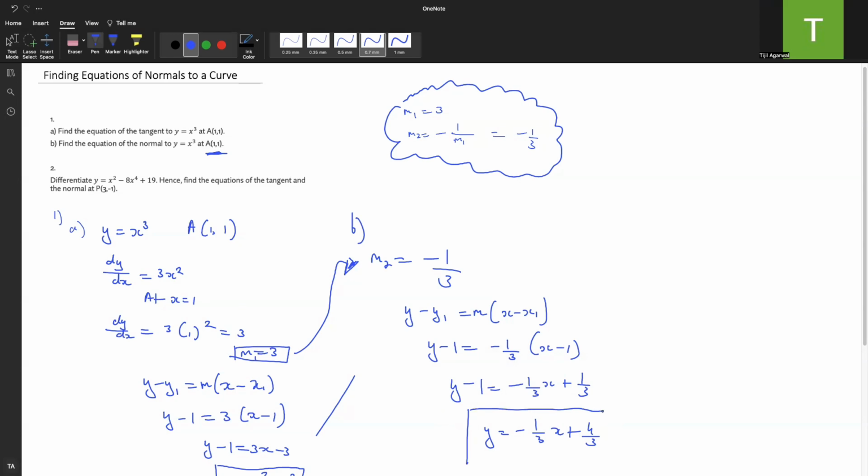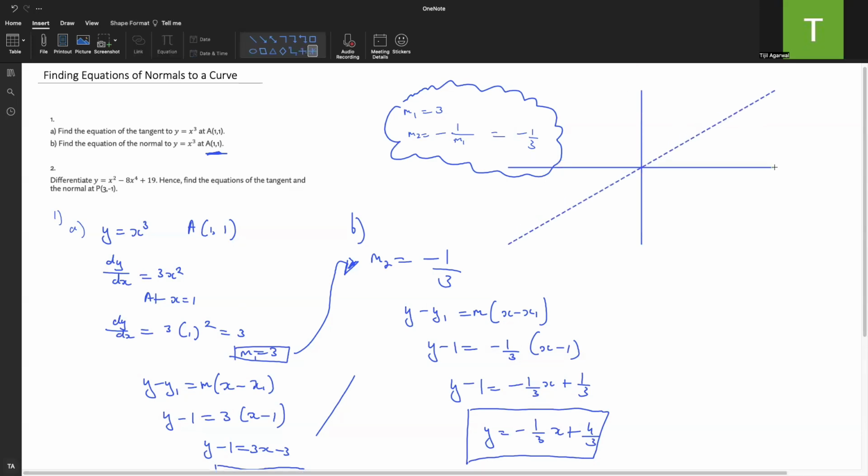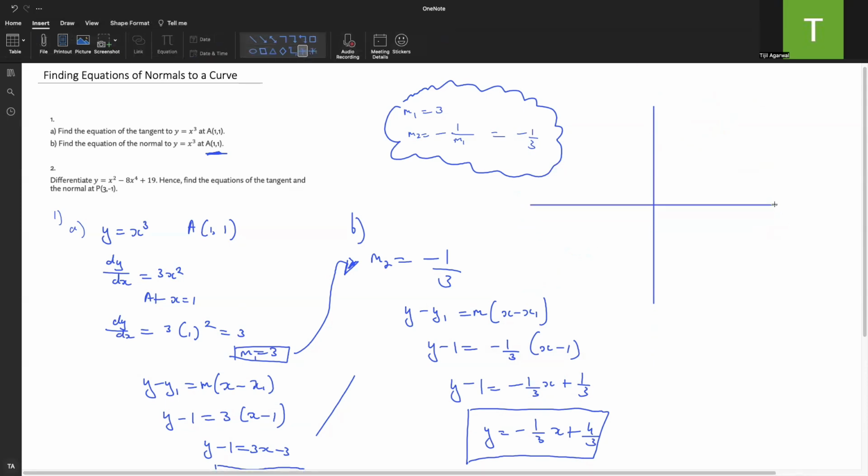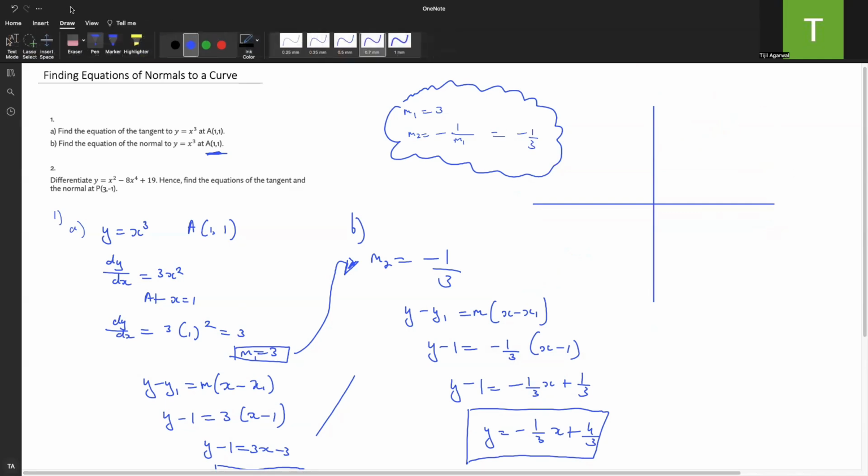Again, let's see what these lines mean. I'll draw a graph here quickly. So a graph like this, and then let's say we have our curve, which is something like that.